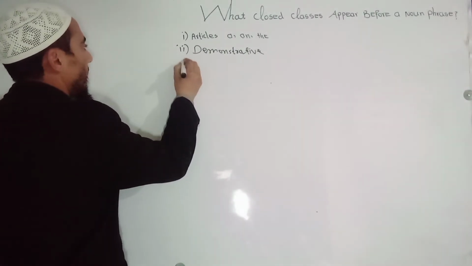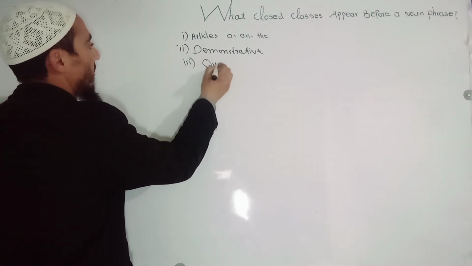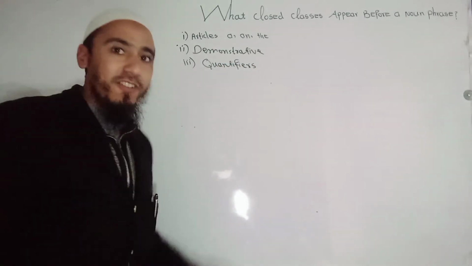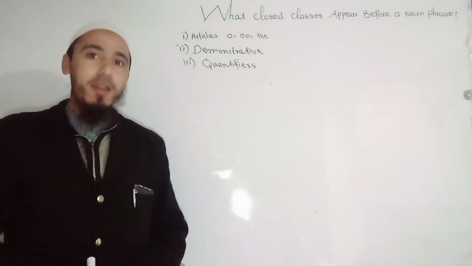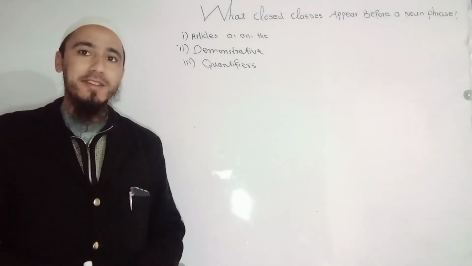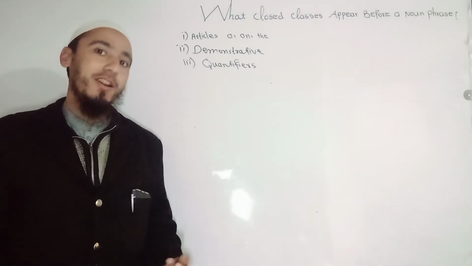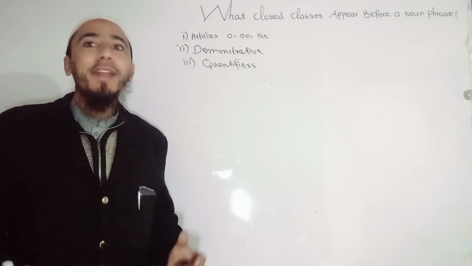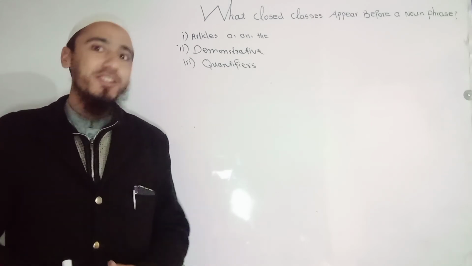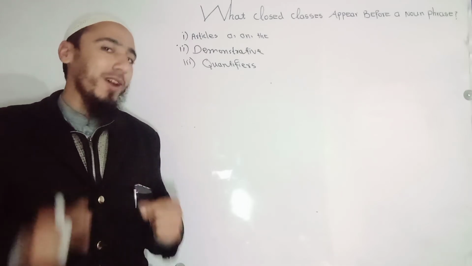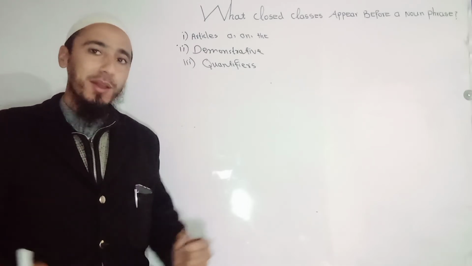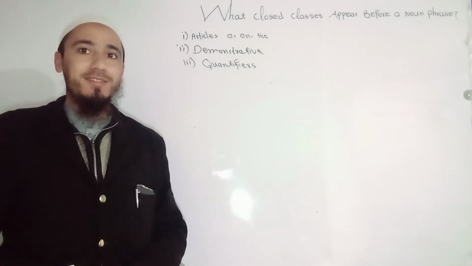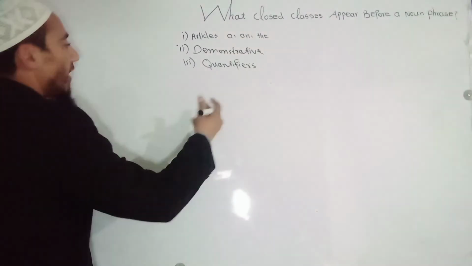Come to the third one, that is quantifier. Quantifiers also appear before a noun phrase. What are quantifiers? You know, in traditional grammar, quantifiers are actually adjectives of quantity. And adjectives of quantity are those adjectives which tell us about the quantity or the amount of something.